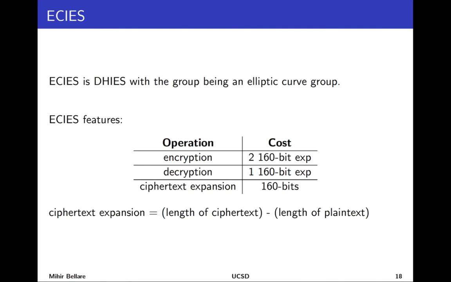When that happens, you get quite high performance. So encryption will be 2 exponentiations. If you're looking for, say, 80 bits of security, you can use a 160-bit group. And so the costs are two such exponentiations for encryption, one for decryption. And the ciphertext is just 160 bits longer than the plaintext.